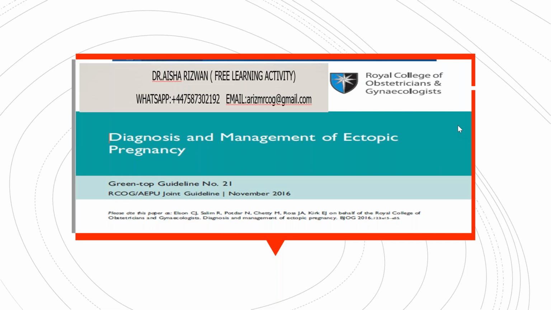Then if there is a healthy contralateral tube, you should go for salpingectomy. If the patient has a healthy contralateral tube, the tube which doesn't contain the pregnancy, then the tube which is containing the ectopic pregnancy, you can resect it. Okay, so salpingectomy is preferred over salpingostomy.